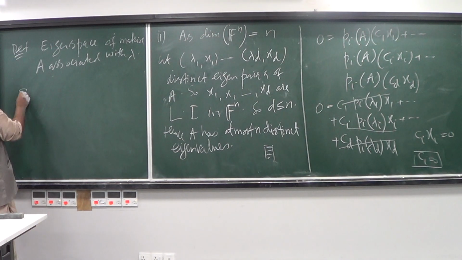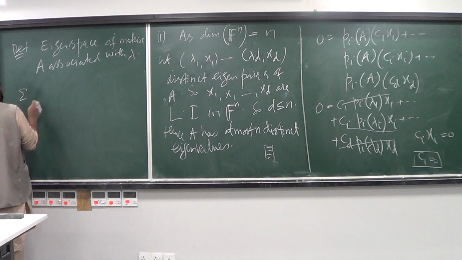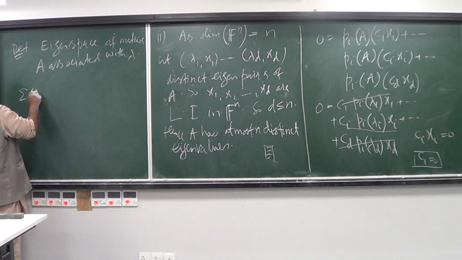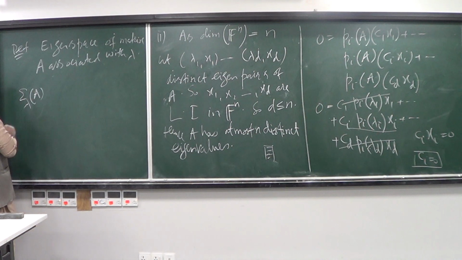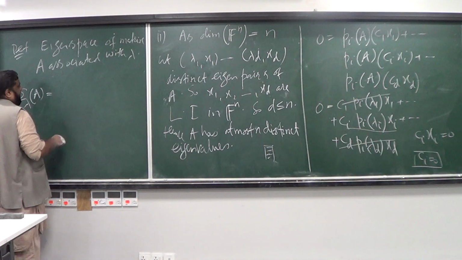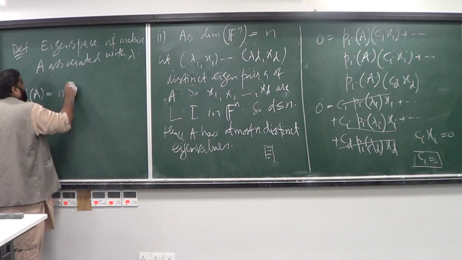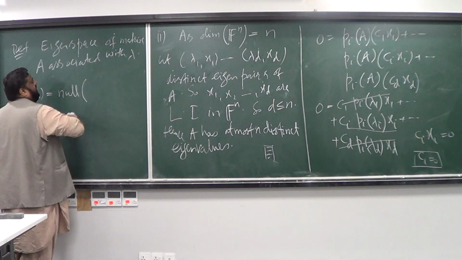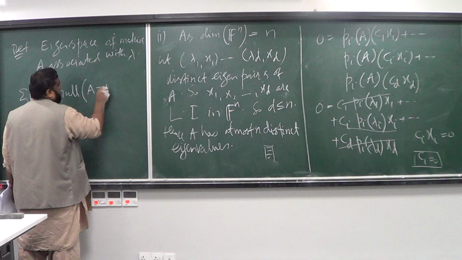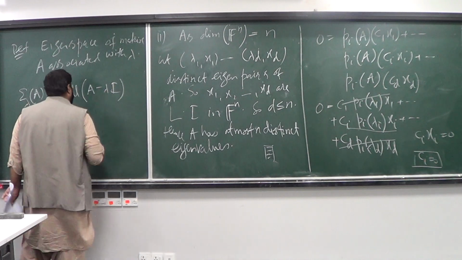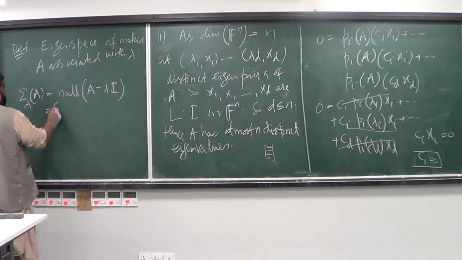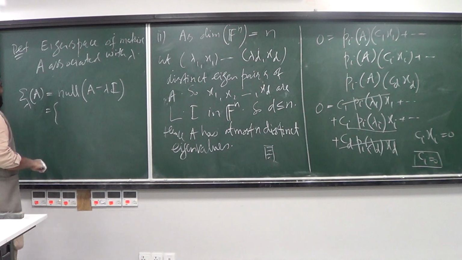We are going to denote this by calligraphic E lambda of A. By E lambda of A, I mean the null space of the matrix A minus lambda I. And what would be the null space of A minus lambda I?